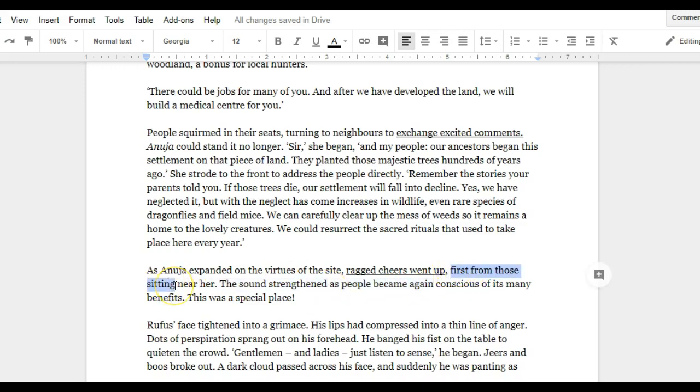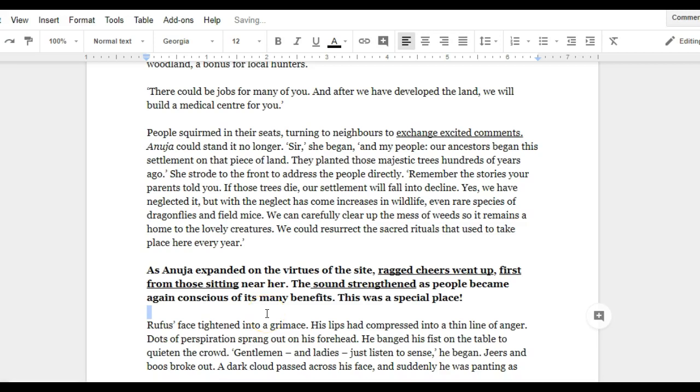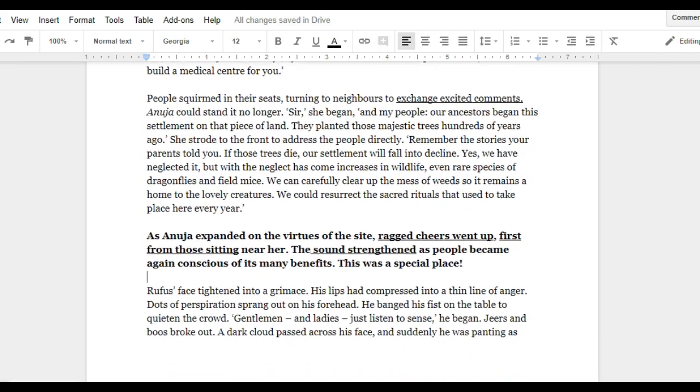It's very much a growing. The sound strengthened as people became conscious of its many benefits. This was a special place. This is a turning point. This paragraph here stands to me as like a pivot now. It's really changed. The atmosphere has really changed.